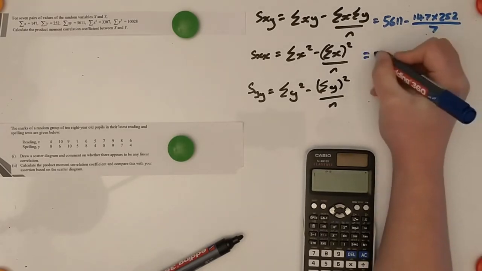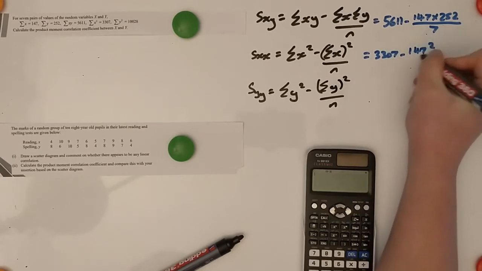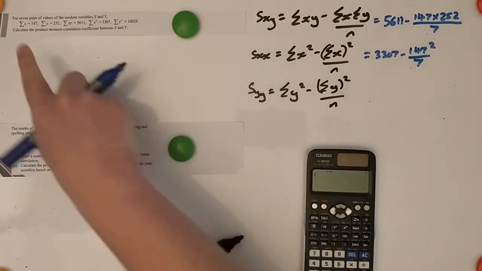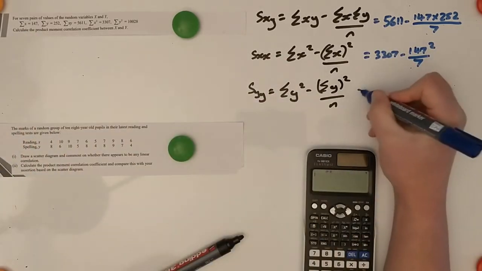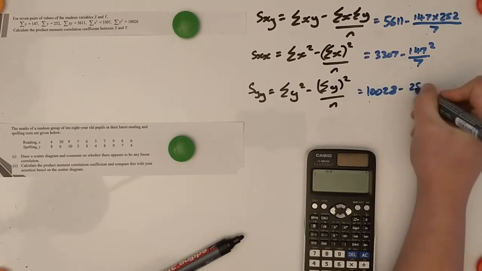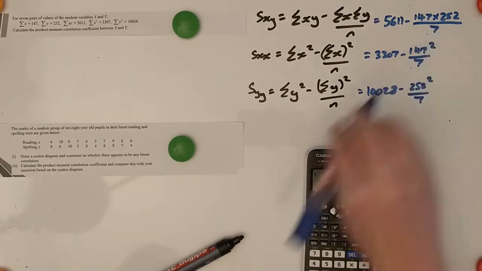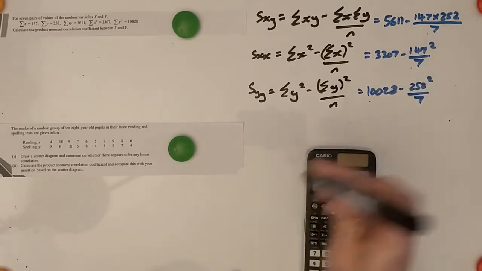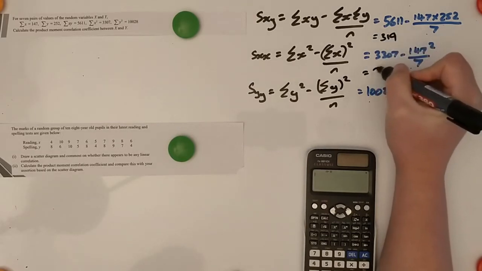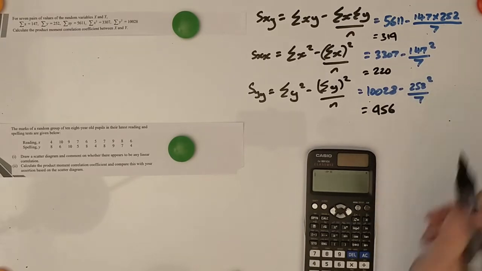This value here is 3307 minus 147 squared over 7, because n equals 7 as we've got 7 pairs of values, and 10028 minus 252 squared over 7. So what do these values equal? This one's 319, this one is 220, this one 956.